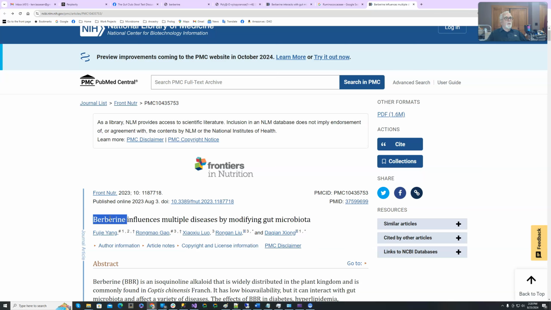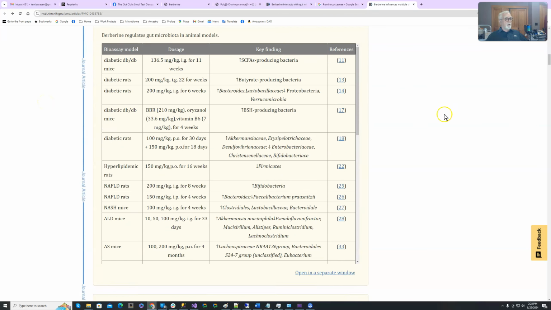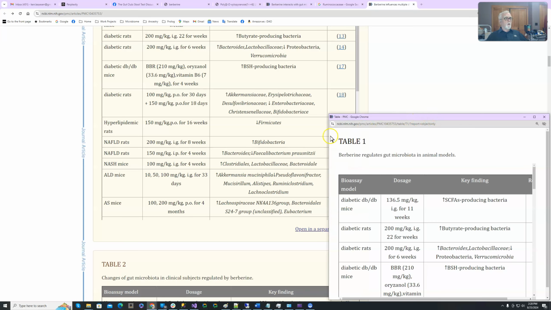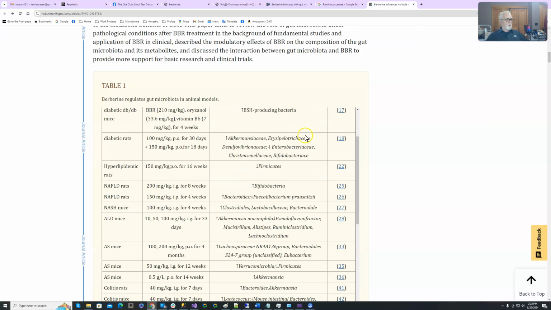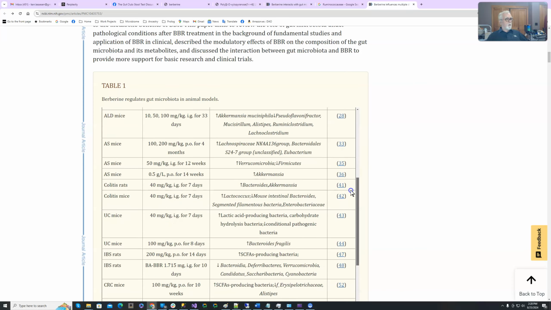Down below, we find a nice collection of tables, and we can see the name of the study, what was done, what dosage was used, and then a reference to the actual study. If you go down and see increased Akkermansia, you could at that point simply say, okay, that's it, there's the answer.